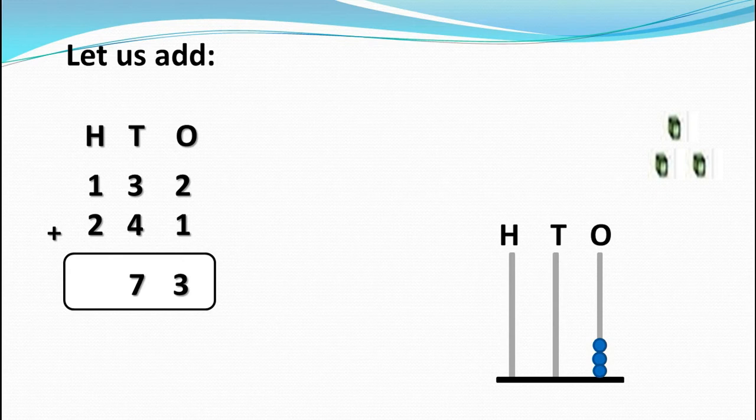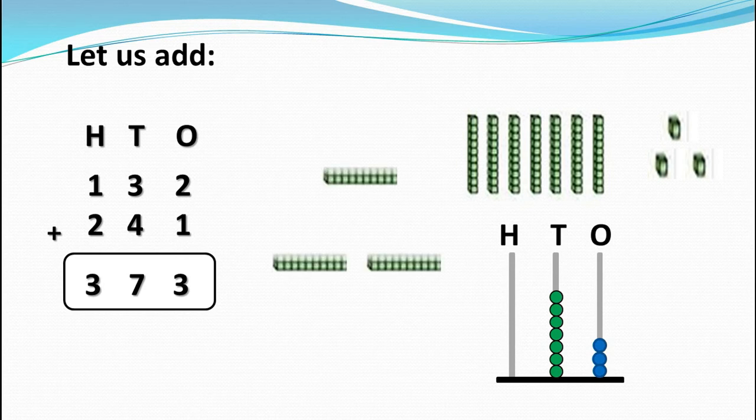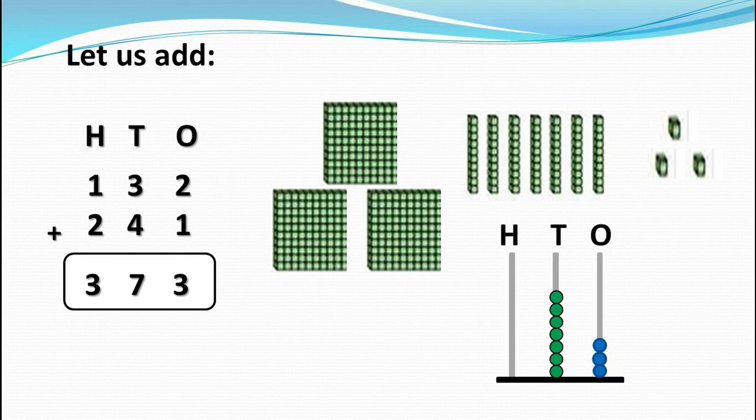So we get 7 tens. So here we put 7 tens blocks. And on the tens rod we will put 7 beads. Now add hundreds. 1 plus 2 equals 3. We get 300. So here we will put 3 blocks of hundreds, and we'll put 3 beads on the hundreds rod.